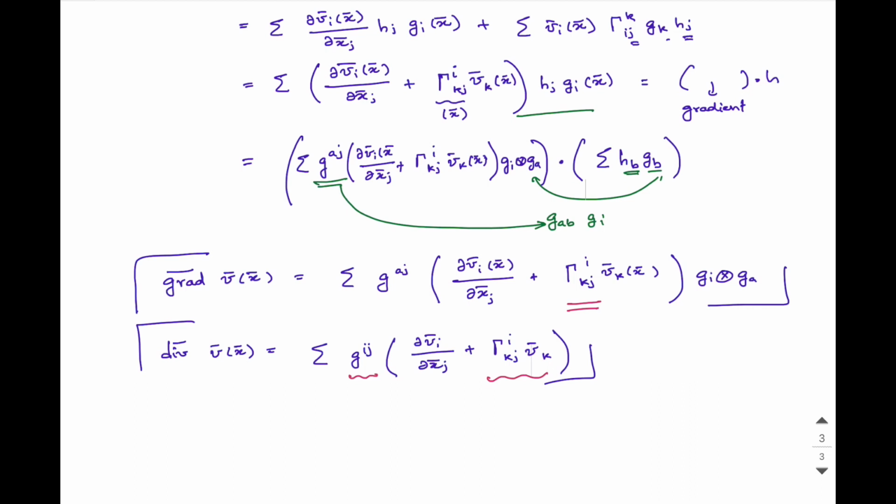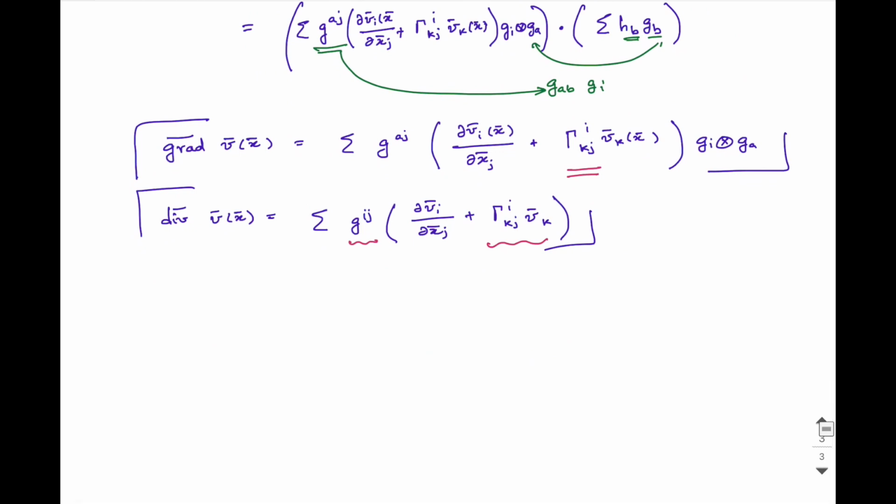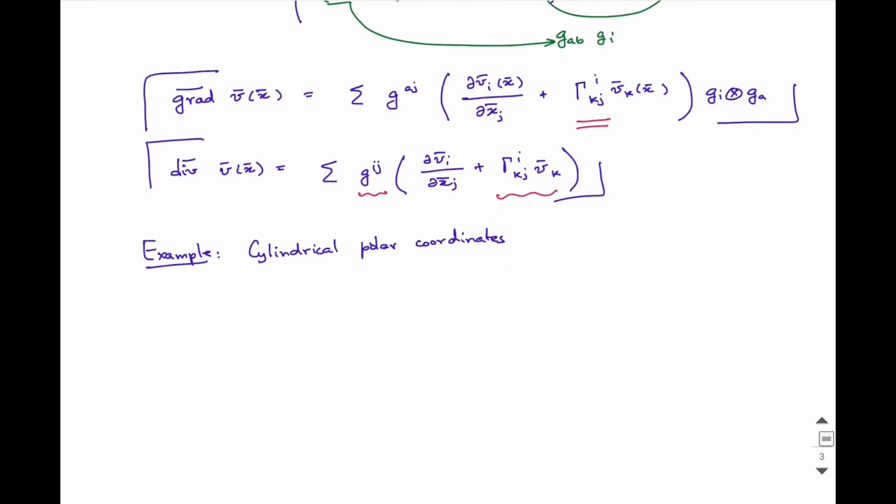And in the interest of clarity, I will give you an example. Let's take the same example that we considered earlier. Suppose I consider cylindrical polar coordinates now. How do I represent the components of a given vector field?